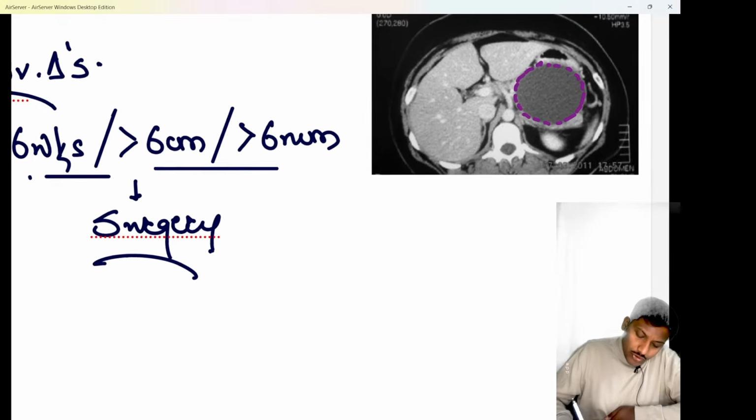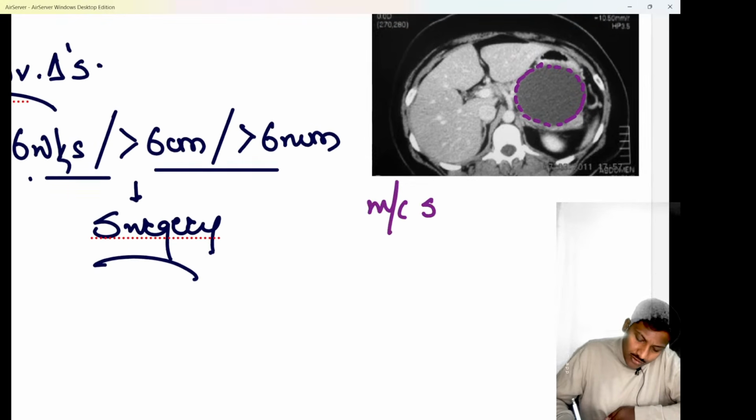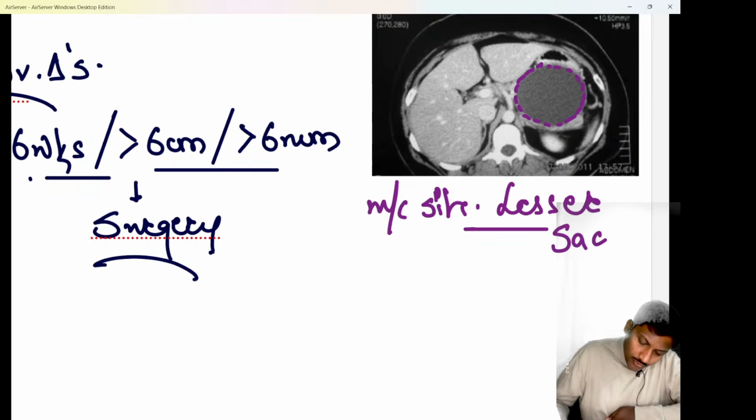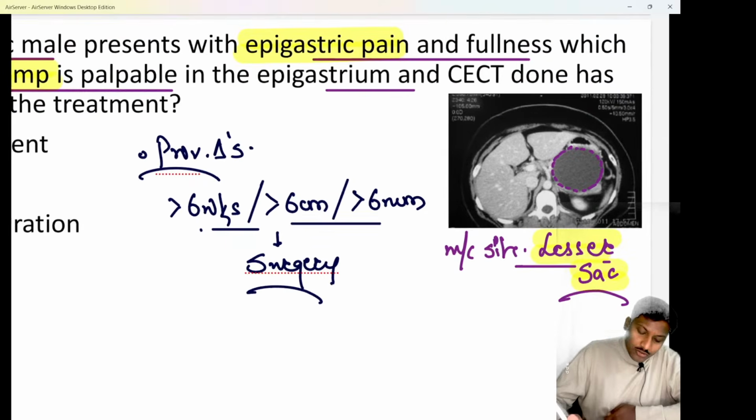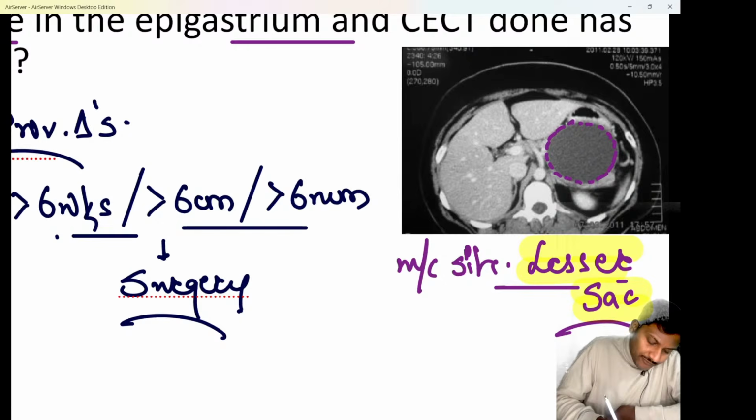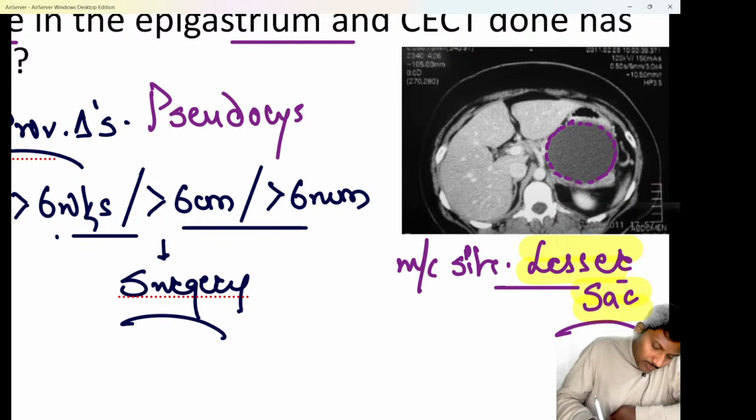If they ask you, the most common site for this collection of fluid is the lesser sac of omentum. Whenever there is pancreatitis followed by a collection of fluid in the lesser sac causing epigastric pain, fullness, vomiting, it is a classical feature of a pancreatic pseudocyst. Classical case of a pancreatic pseudocyst.